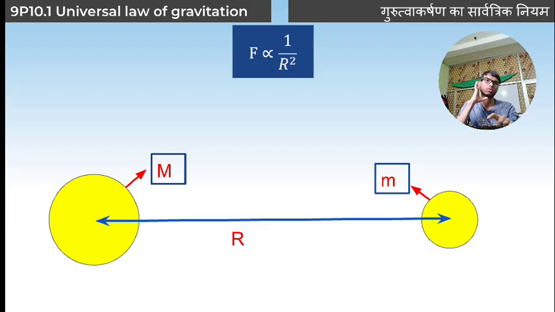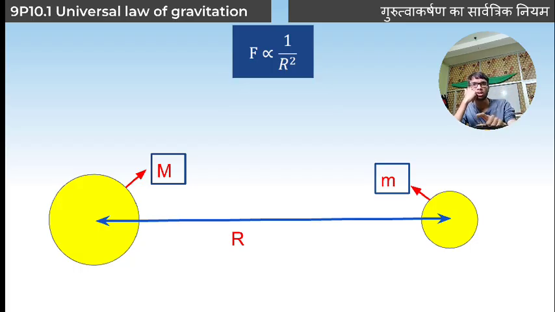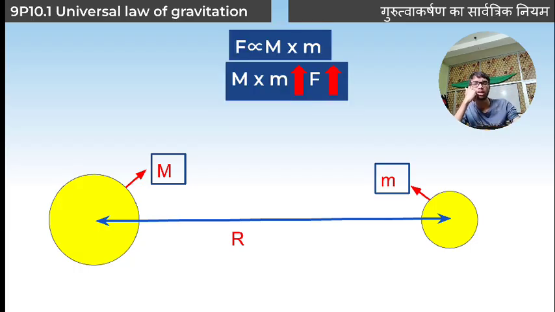Here F is inversely proportional to 1 upon r square. And if r square is increasing, then the force will decrease. Look at it: when the masses of both objects increase, then the force will increase. This is the meaning here. When the masses of both objects increase, then the force will also increase.